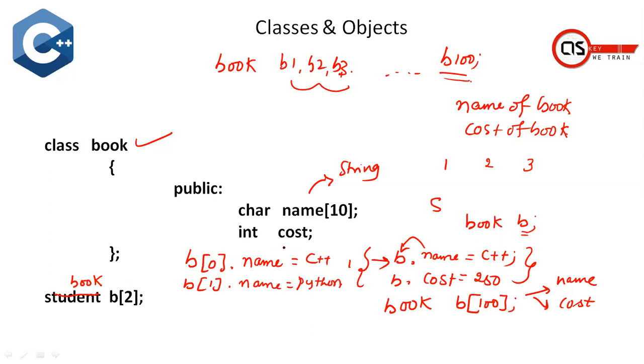Very similar to that, I can also read the cost of the book. So that is B of 0 dot cost. So this is the cost of the book C++. Let me assume that it is 250 rupees. Now I'm going to read the cost of the book Python, which is stored in B of 1. Let the book cost be 350 rupees.